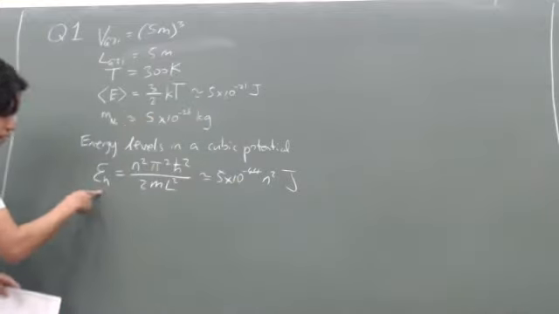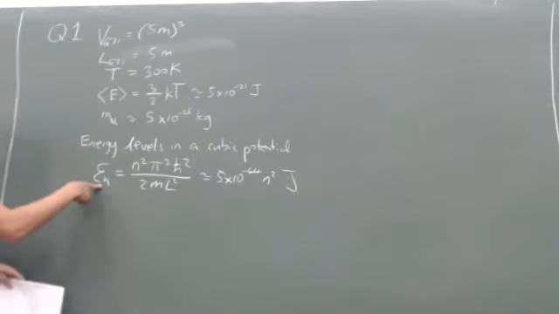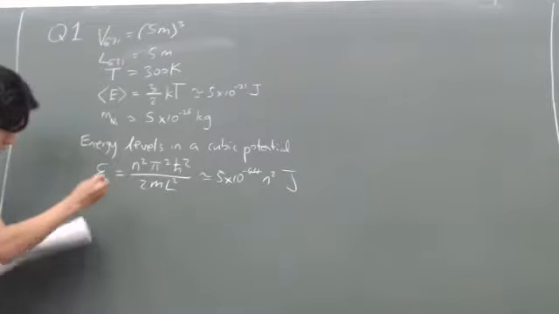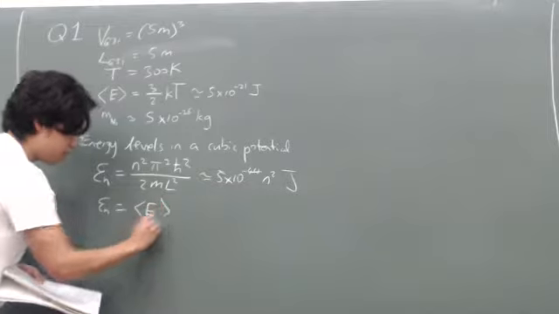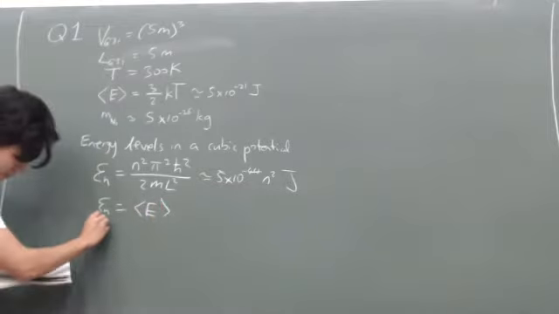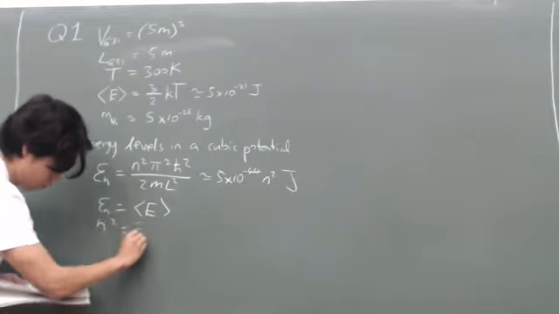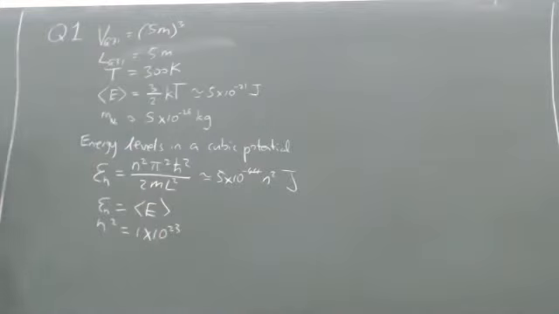Equating epsilon n to the average energy, angle brackets E, we get approximately n squared equal to 1 times 10 to the 23. So that's the energy level the average particle will occupy.